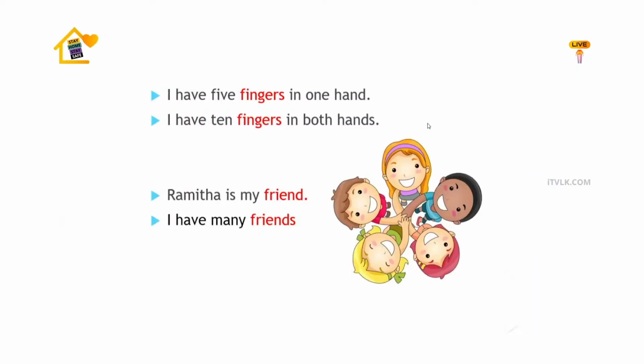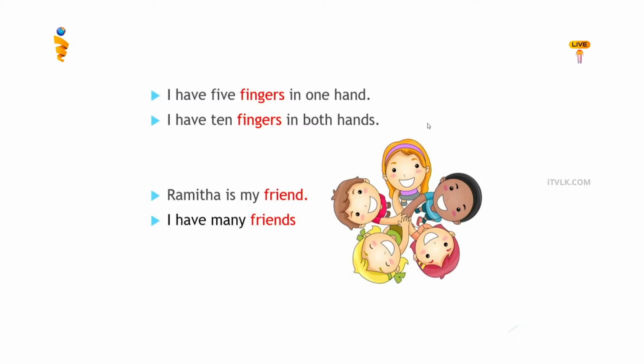And the next word is friend. Ramita is my friend. You can use any of your friend's name and say, Rani is my friend. Oshi is my friend. Anita is my friend. Madhu is my friend. You can also say Raj is your friend. Prabhat is your friend.